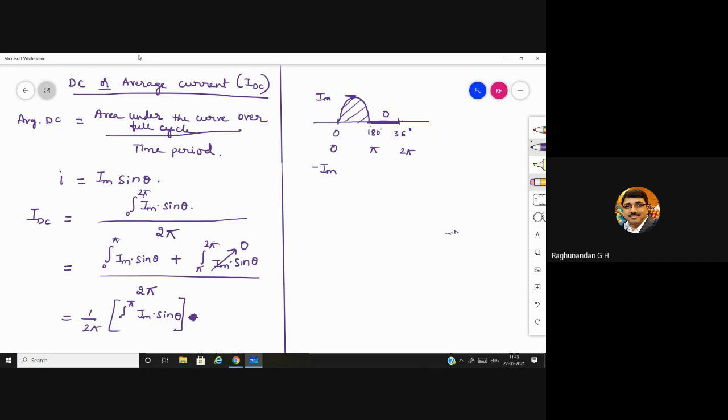Now Im is also a constant value, the peak value, so we'll take it outside and integrate sine theta. When you integrate sine theta, it becomes minus cos theta from 0 to pi. So that becomes Im by 2 pi into minus of cos pi minus cos 0.